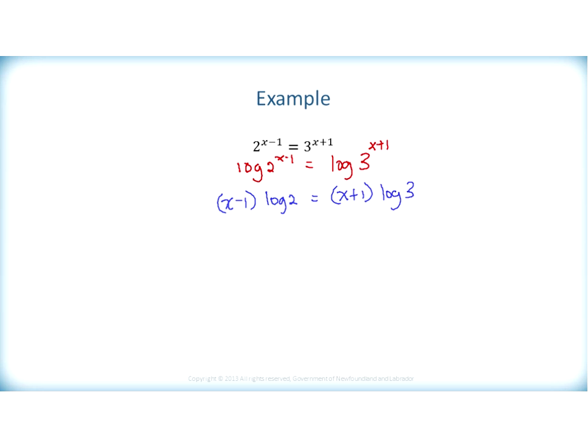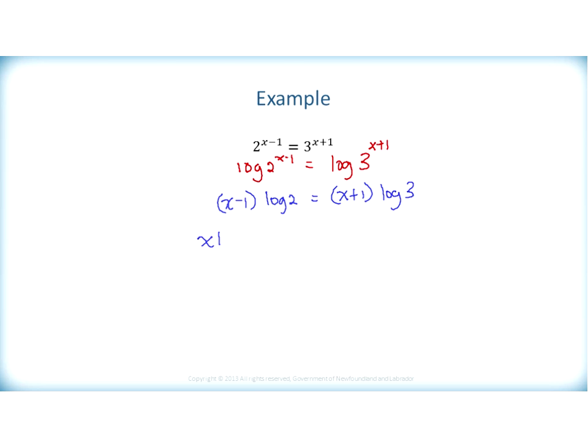Now I'll use the distributive property and multiply the x subtract 1 by log 2. So that'll be x times log 2 subtract 1 times log 2. And I'll do the same on the right side of the equation and multiply x by log 3 plus 1 times log 3.